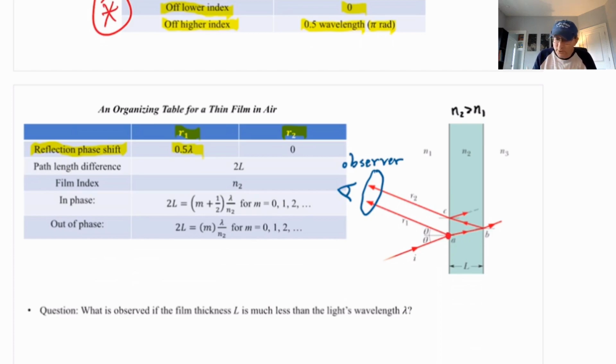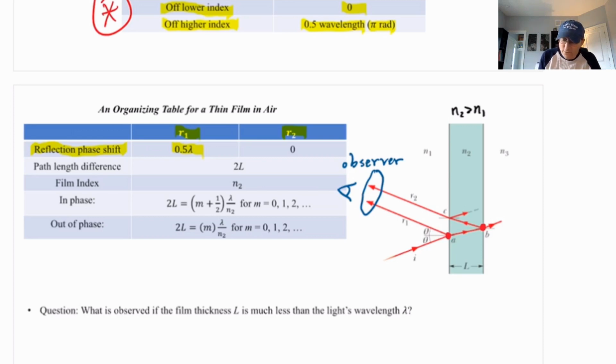Now, ray R2 undergoes its reflection right there at point B, right? That's where the reflection for ray 2 happens, but that happens on the right interface, and that reflection occurs off of material 3 with index of refraction N3, which is smaller than N2.